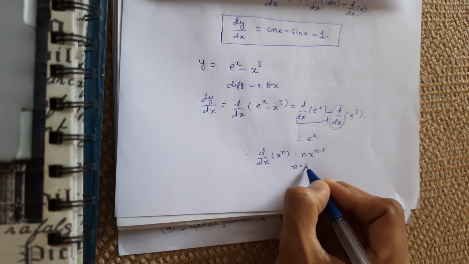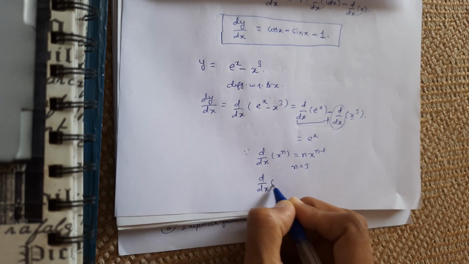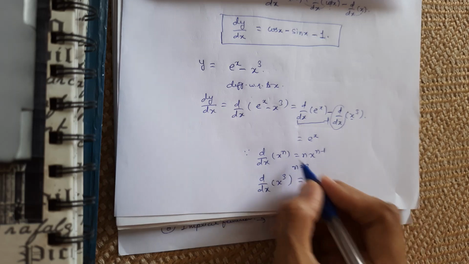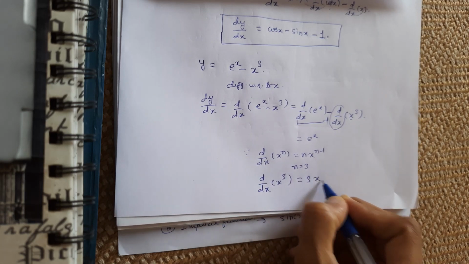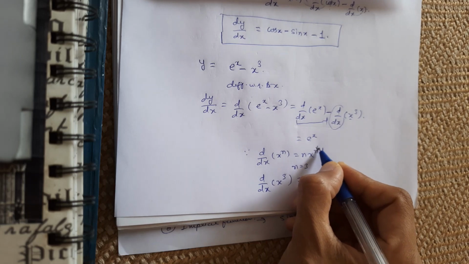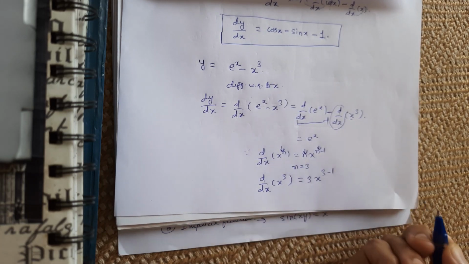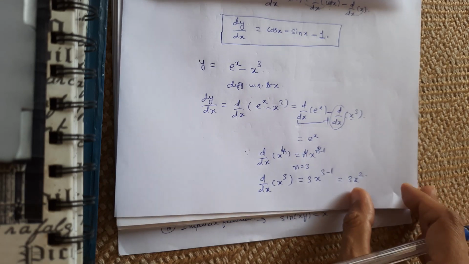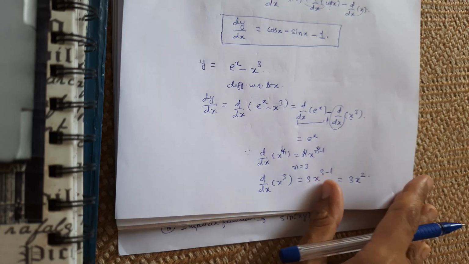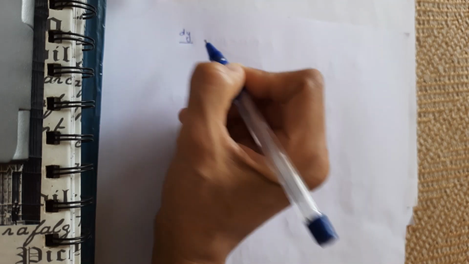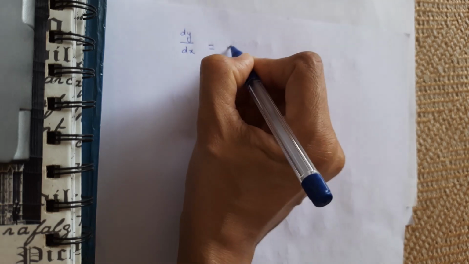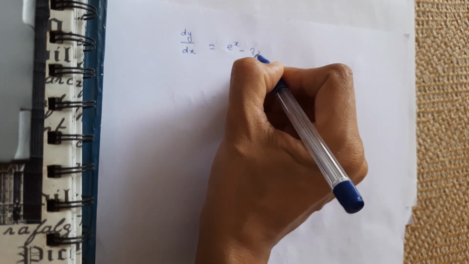Now if n equals 3, what will I get? d/dx of x cube equal to, just put n equals 3 here, 3x to the power 3 minus 1. So I get 3x square. So the final value of my derivative is dy by dx equal to e to the power x minus 3x square.